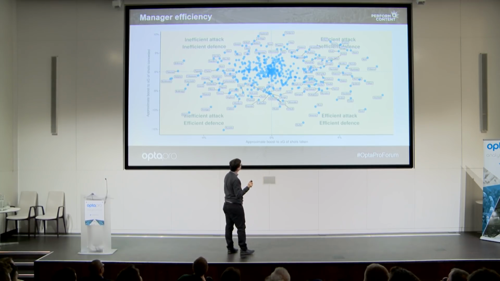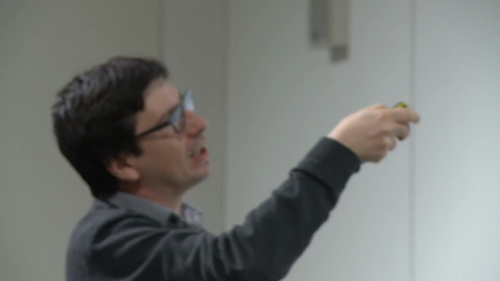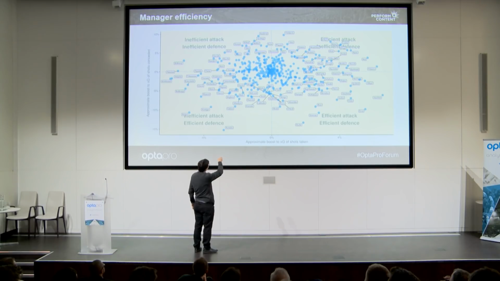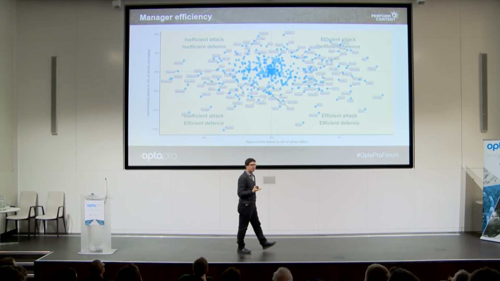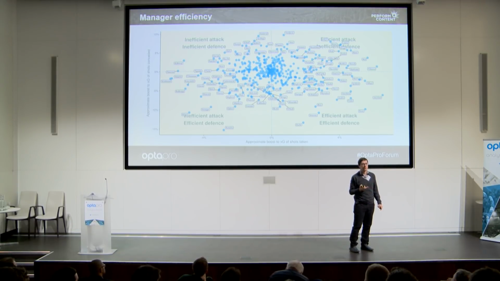Okay, final bit here: this is Arsene Wenger, and this is Jose Mourinho, best of friends. But the point is that they both seem to be kind of average on the attacking side, close to this line, but significantly better than average on the defensive side. And this is not something that you actually associate with Wenger, but it's been true in recent years.